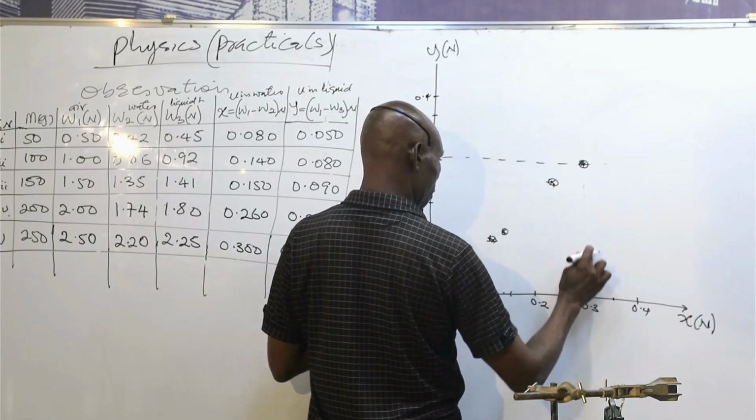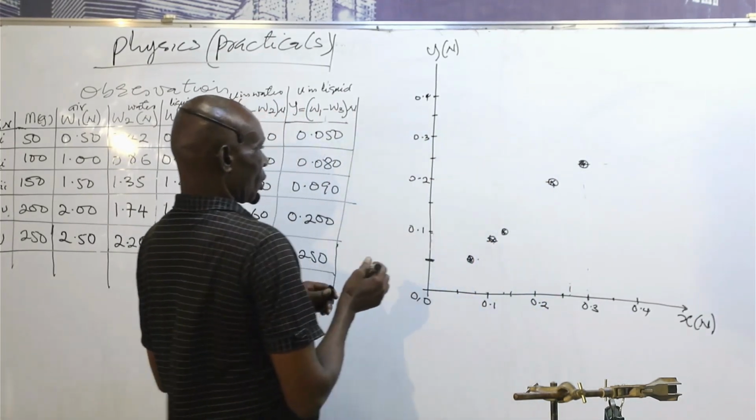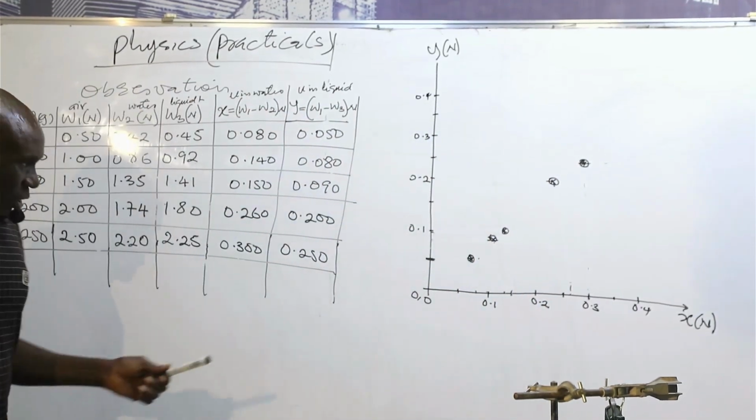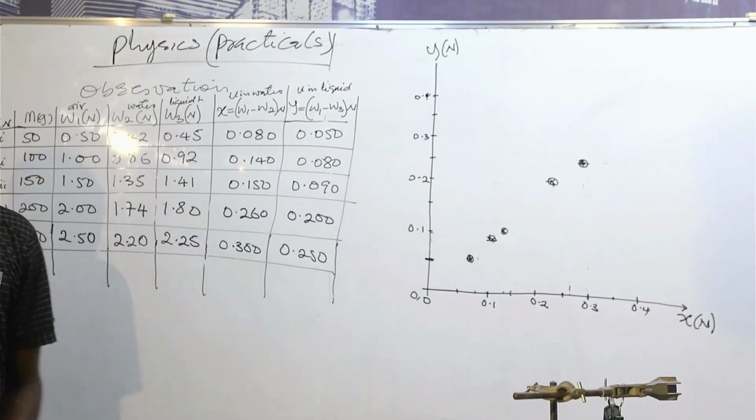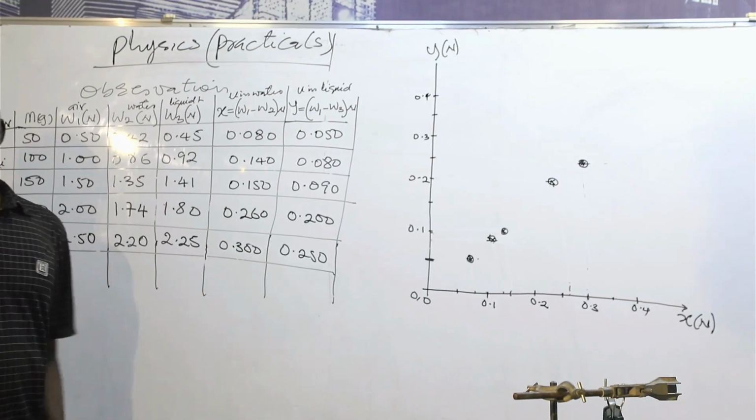You plot. You can see it is forming a straight line. Though the board has no scale, yet it's forming a straight line.